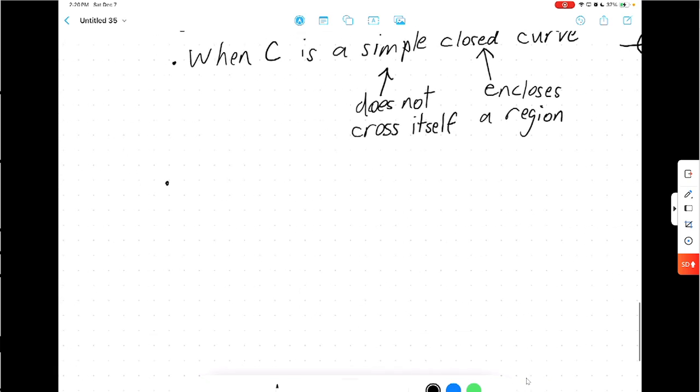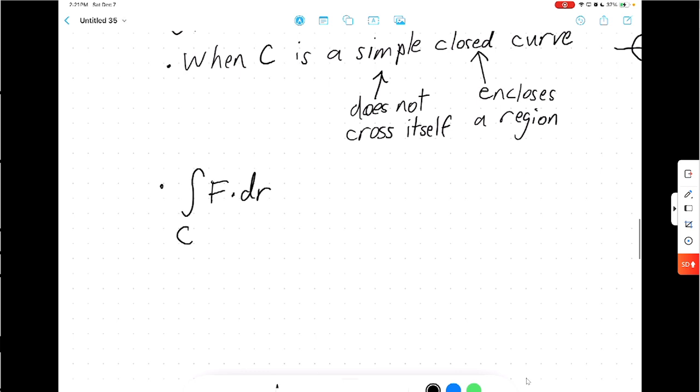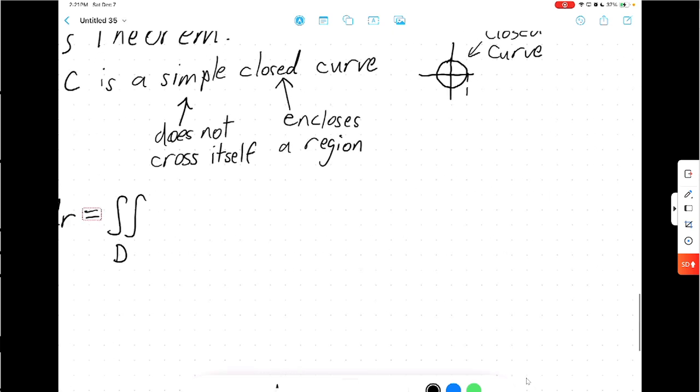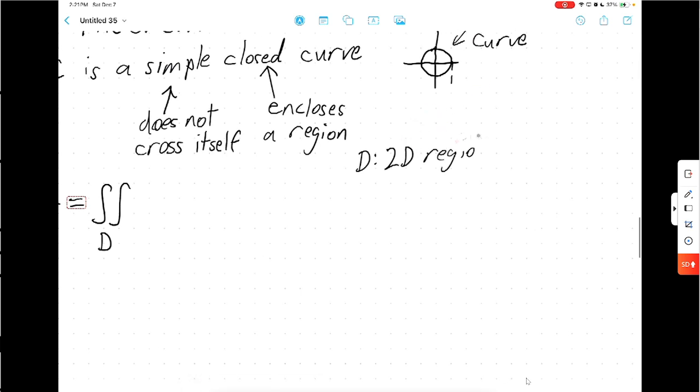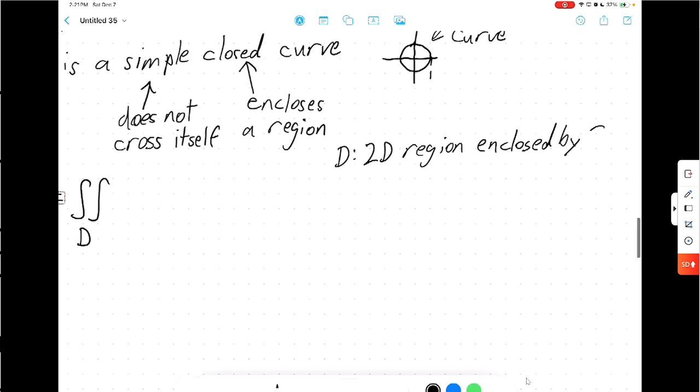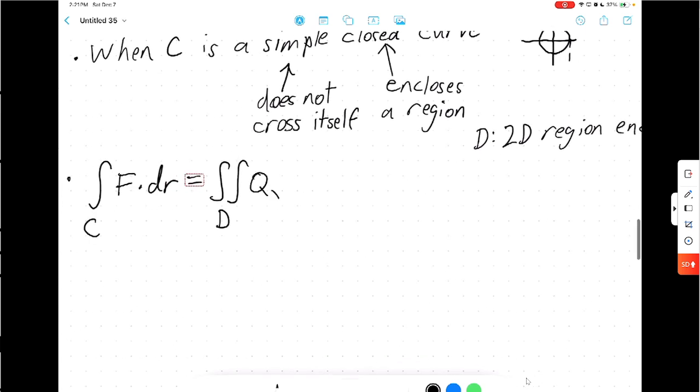And essentially what Green's theorem is saying is that this integral across the curve of F dot dr is going to be the double integral over the 2D region D enclosed by C of Q_x minus P_y dA.